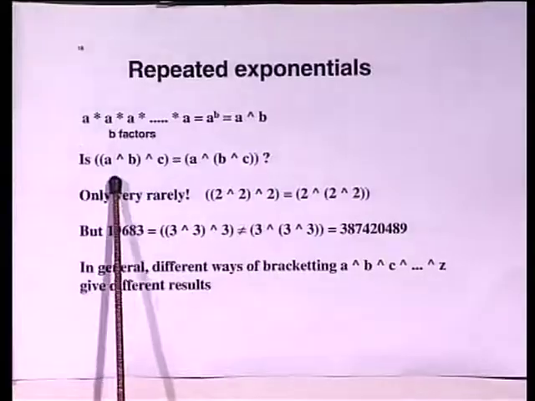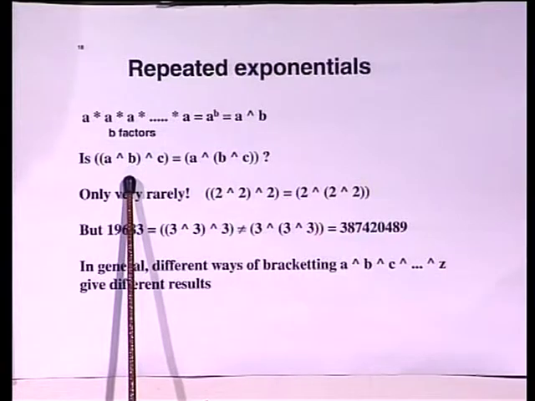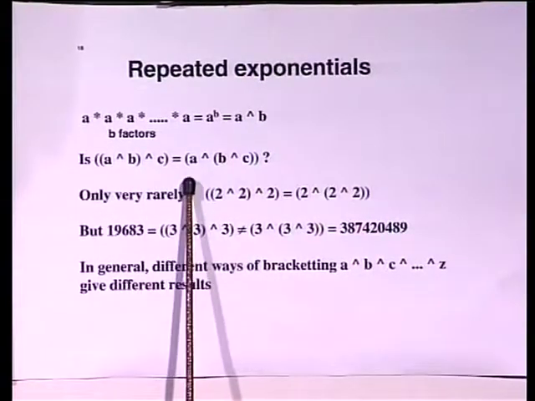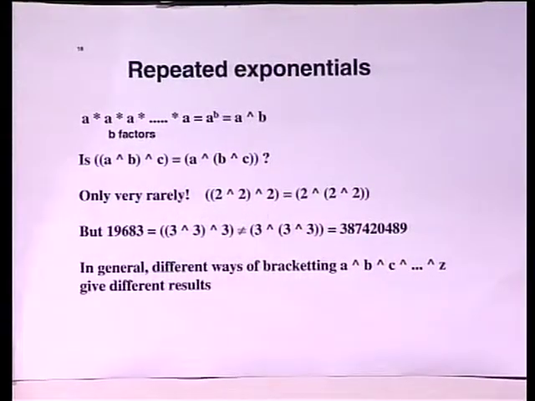Now, one of the questions that beginners sometimes ask when they're introduced to exponential notation is whether it's the case that A raised to the power B and then raised to the power C is the same as A raised to the power B to the power C. And occasionally this happens.